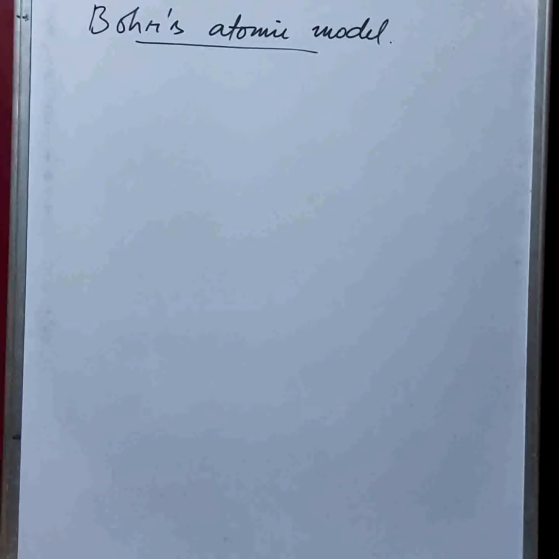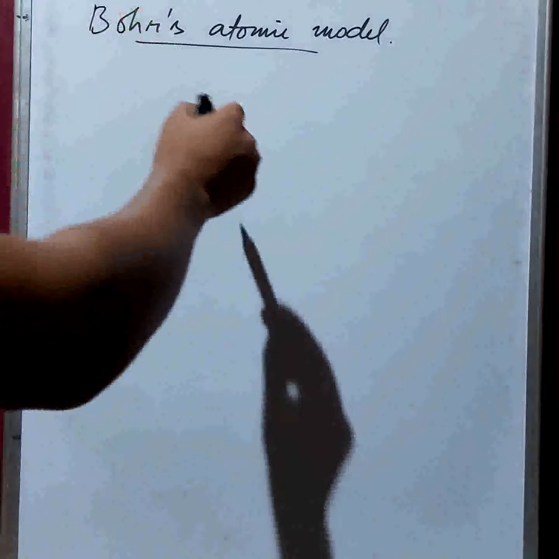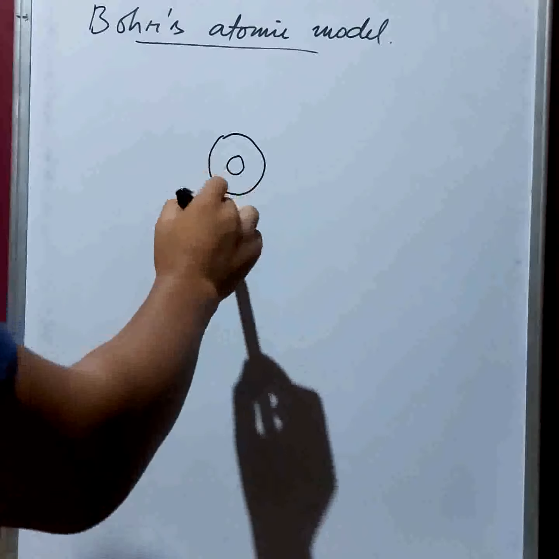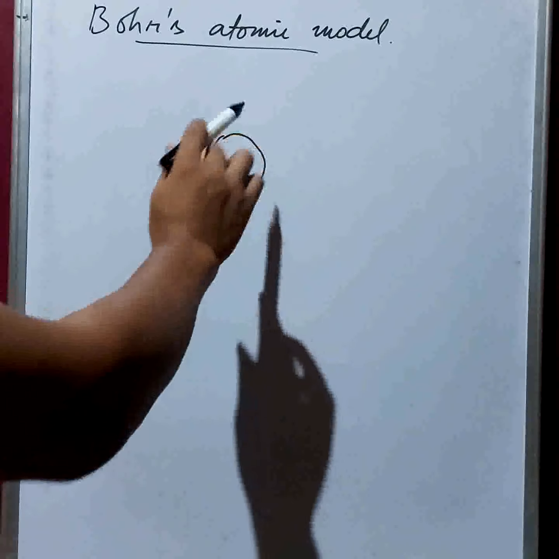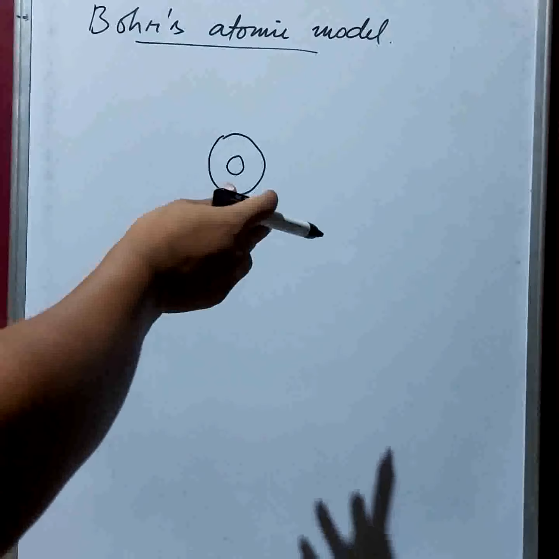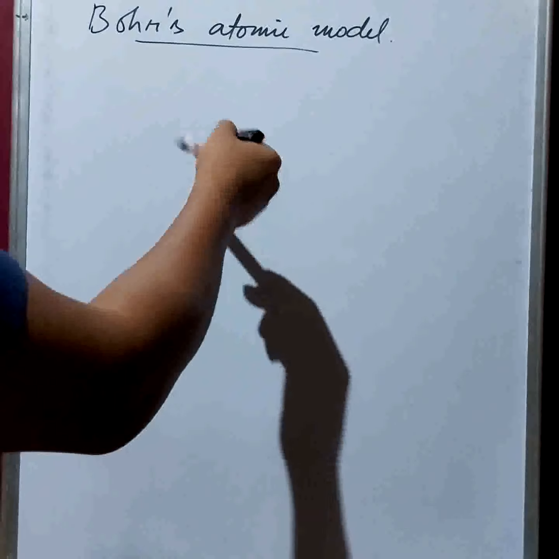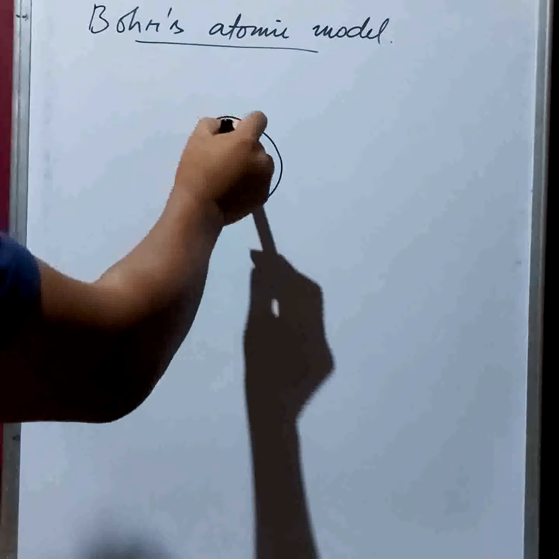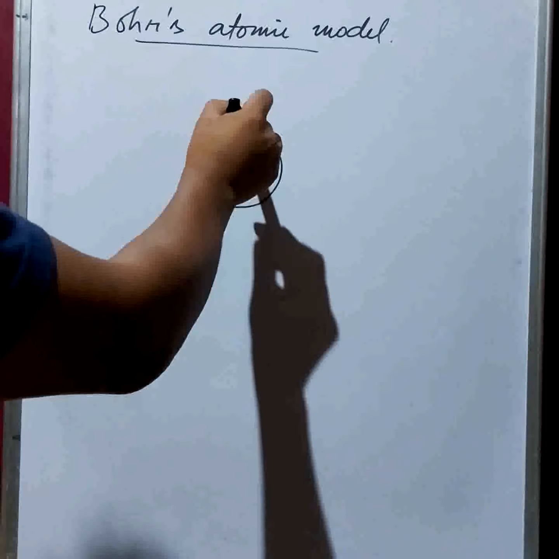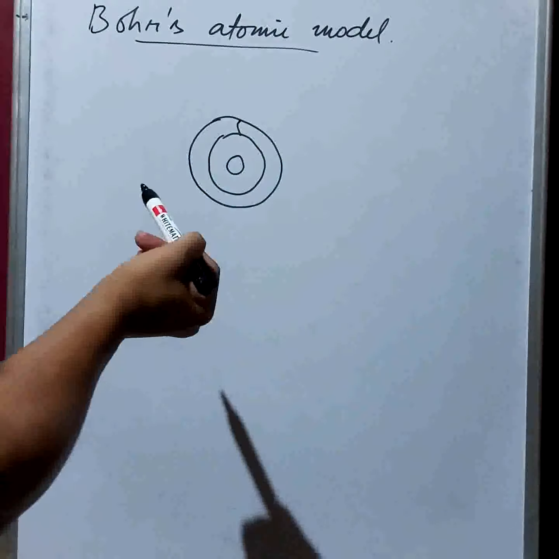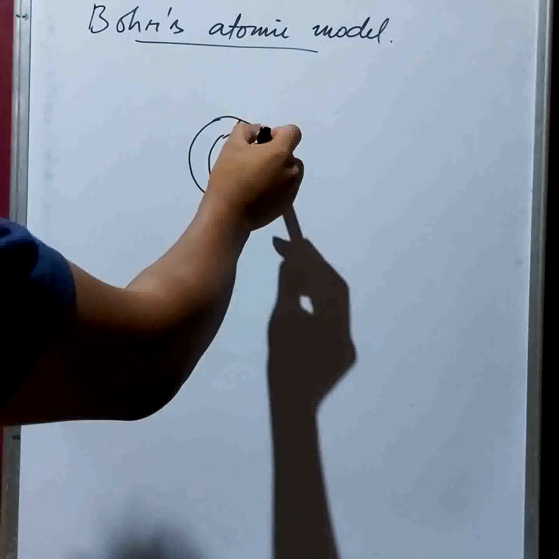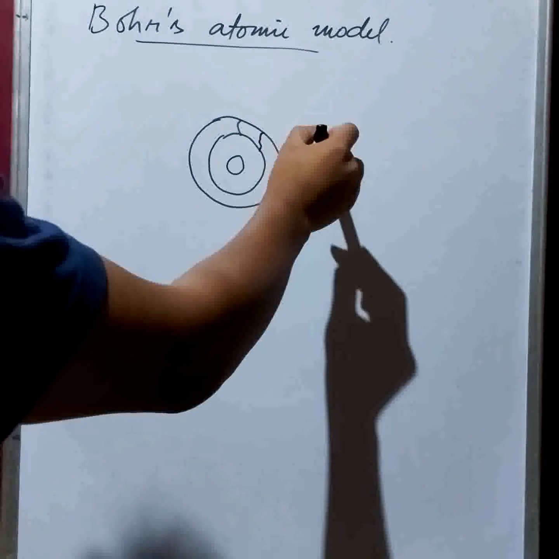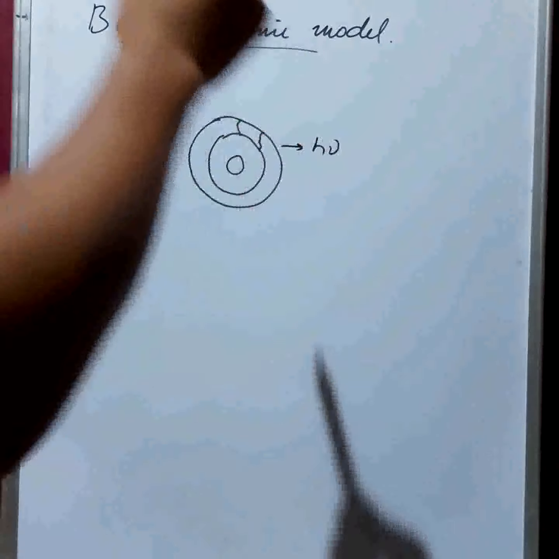Another assumption was that, suppose this is a nucleus and electrons are revolving around in fixed orbits, it doesn't radiate energy, so it takes care of the problem in Rutherford's model of the atom, and that electrons can jump from their orbit to another higher orbit by absorbing energy, and after jumping to the higher state, it comes down by emitting the same amount of energy that it has absorbed.